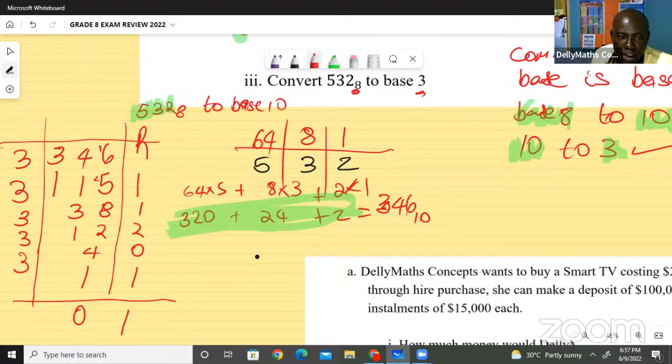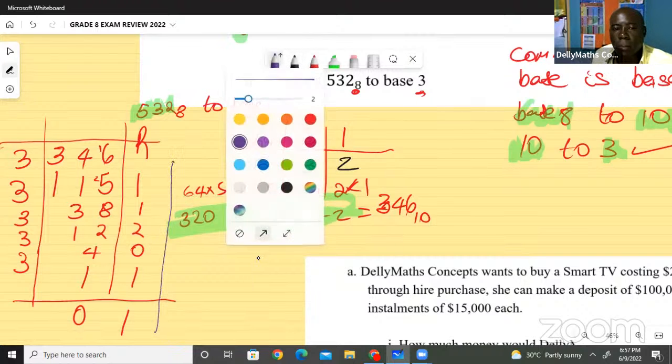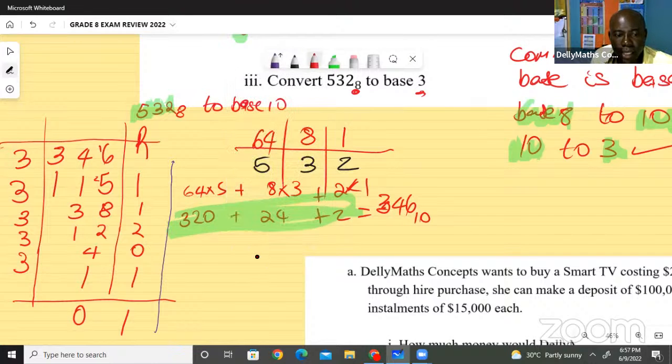Remember, you read your answer going up. So then my final answer is that this is the answer in base 3 right here: 1, 1, 0, 2, 1, 1 in base 3.